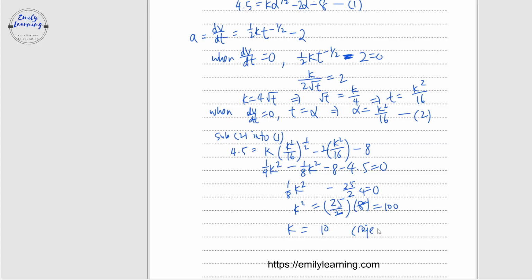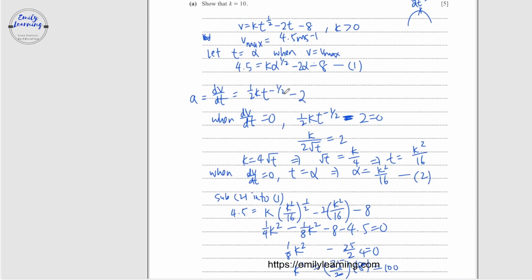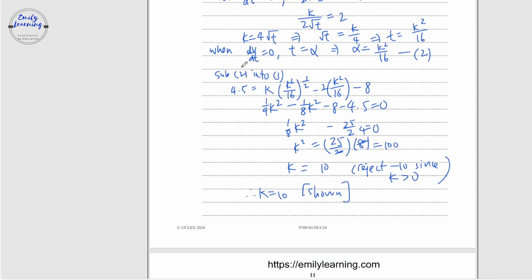Reject negative 10 since k is more than 0. So therefore k is equals to 10, and we have shown what we need to show. So that is for part A.